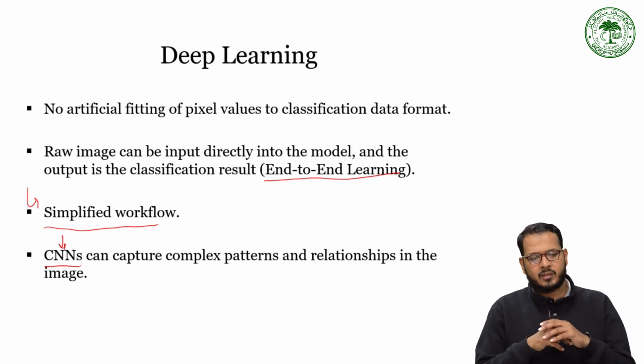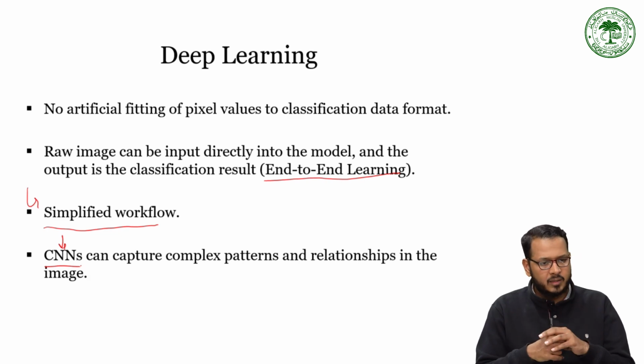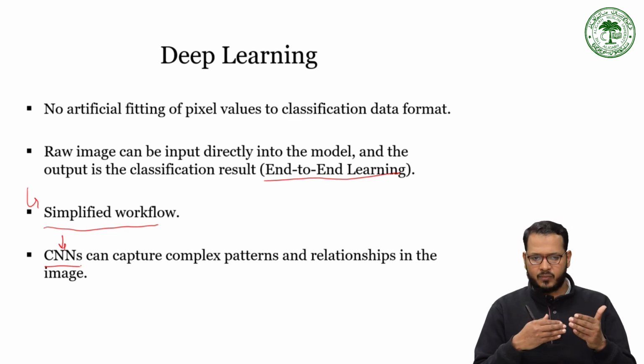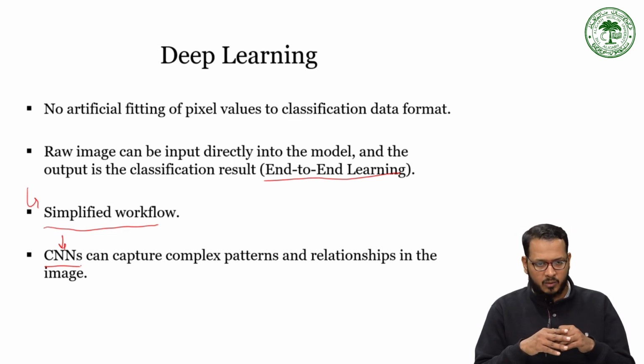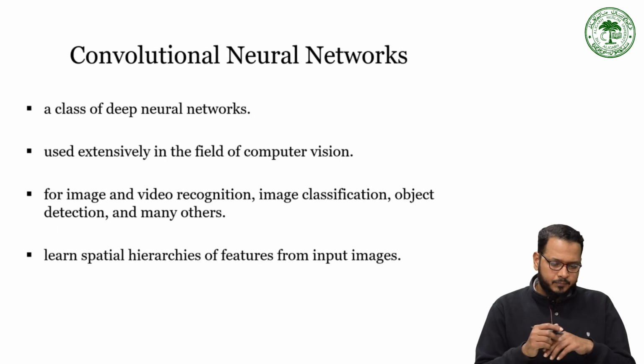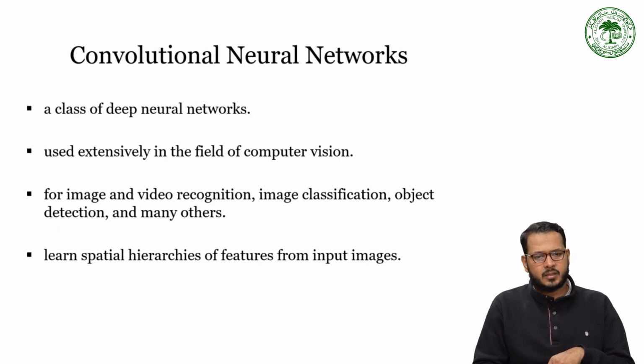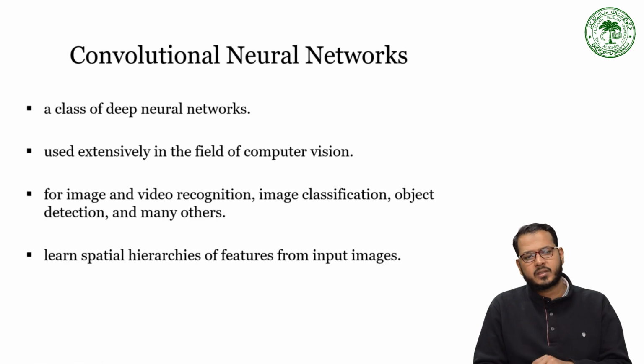So for this class, we will discuss how we can use CNN in order to solve the same problem of identifying whether the given image is a dog or not. So what is a convolutional neural network? Let's try to discuss that first.